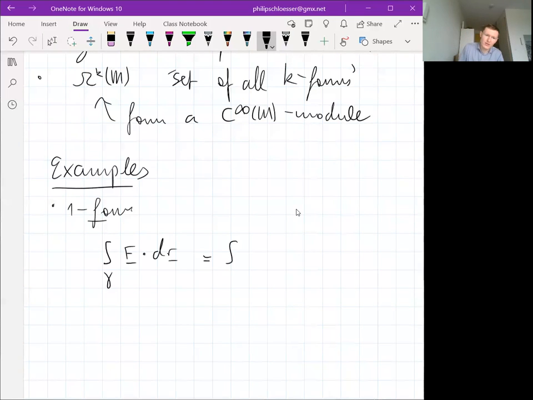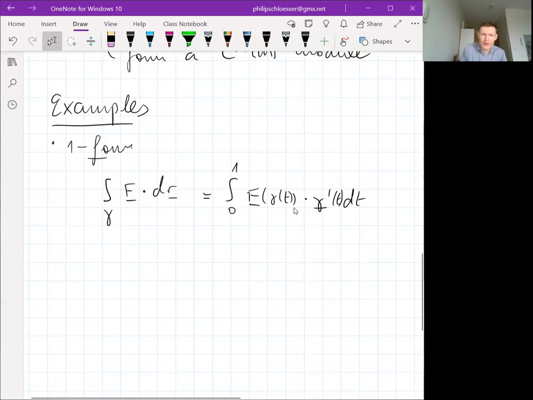So then I can just rewrite it as the integral from 0 to 1 of f of gamma of t times gamma prime of t dt, where this is a tangent vector for every t.